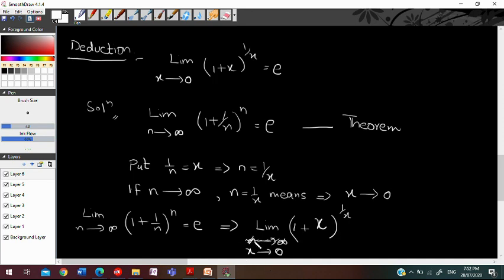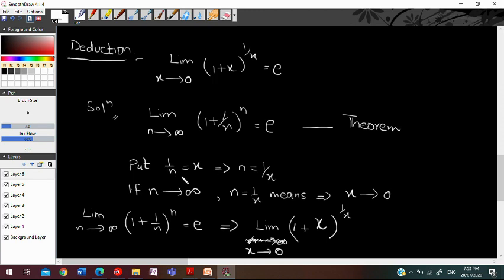We will not write this. We will write limit n approaches infinity. Instead of writing this, we have calculated that when n approaches infinity, x approaches 0. So that's why when limit n approaches infinity, we write here limit x approaches 0, and then 1 plus 1 by n, the value of 1 by n is x.